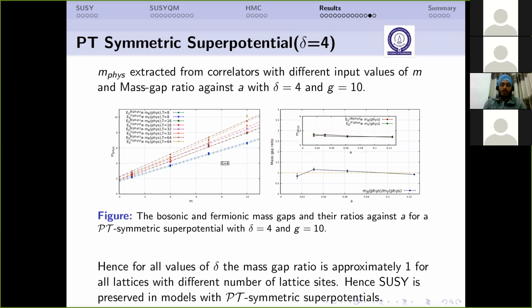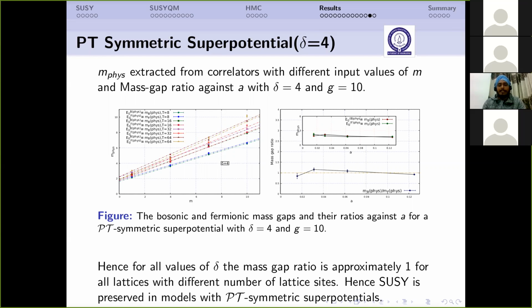So with all these 0, 2, and 4 delta values, we completed the subset required to say whether supersymmetry is preserved or broken, and we come to the conclusion that for PT symmetric superpotentials supersymmetry is actually preserved.